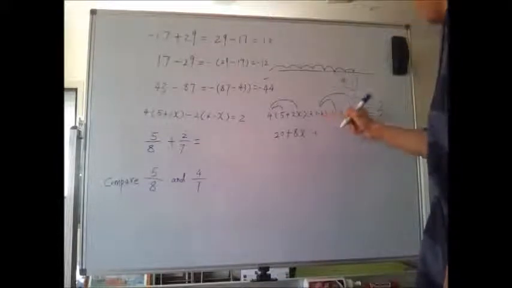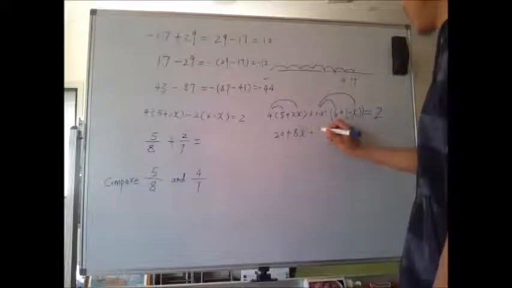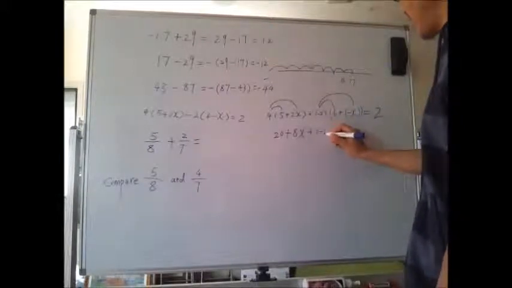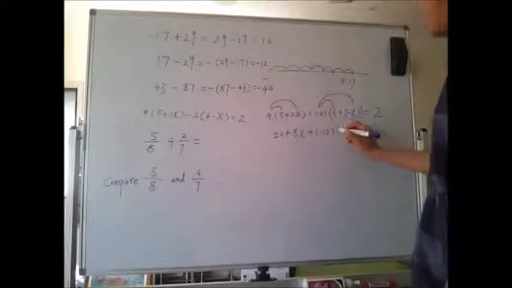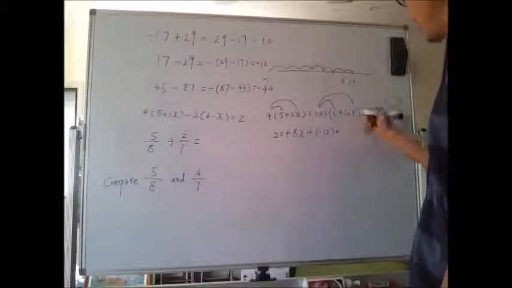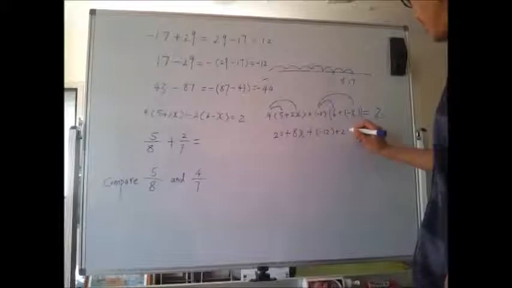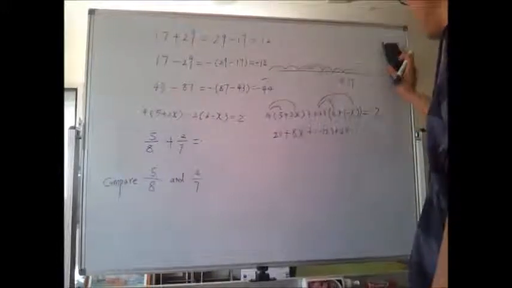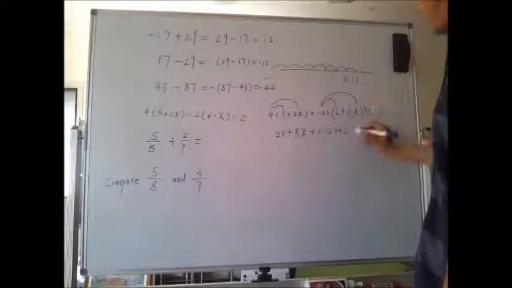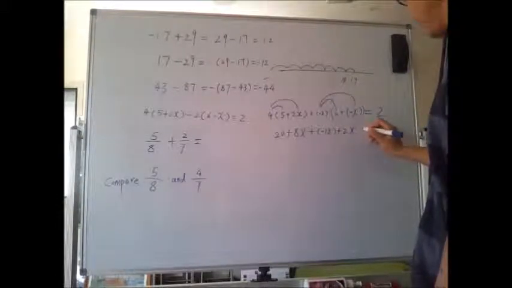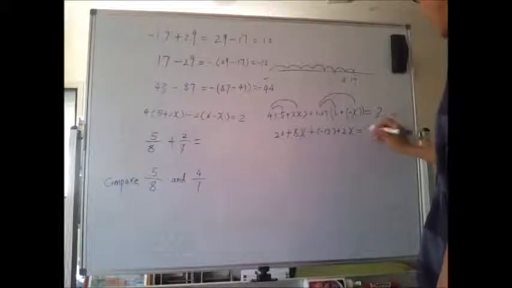Plus negative 2 times 6 gives us negative 12. Negative 2 times negative x gives us positive 2x. And equals the right hand side, which is 2.